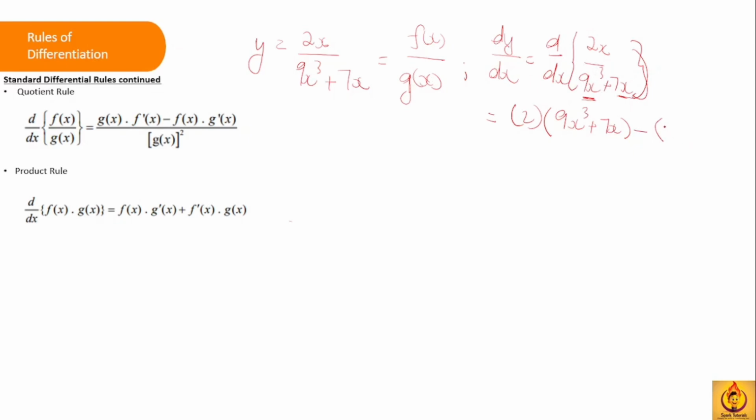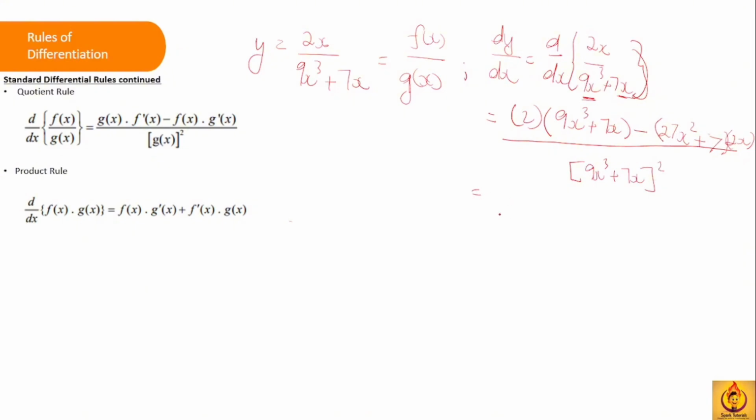This will give us 27x squared plus the derivative of 7x, basic power rule, it's going to be 7. All of this must be multiplied by your f of x, your numerator, which is 2x. All of that over 9x cubed plus 7x to the power 2.